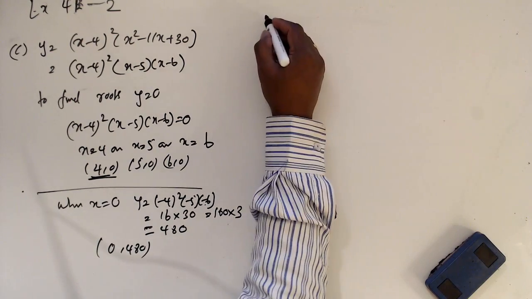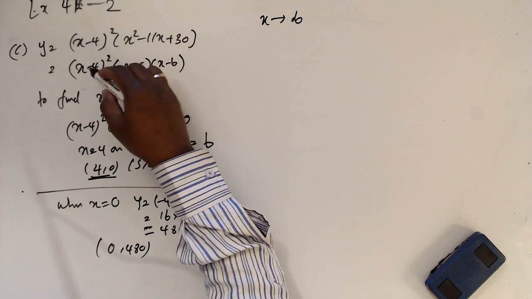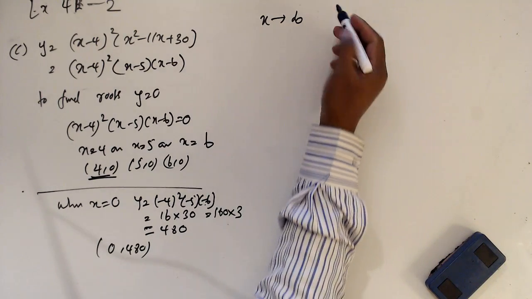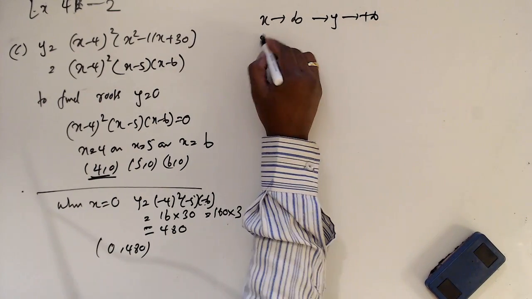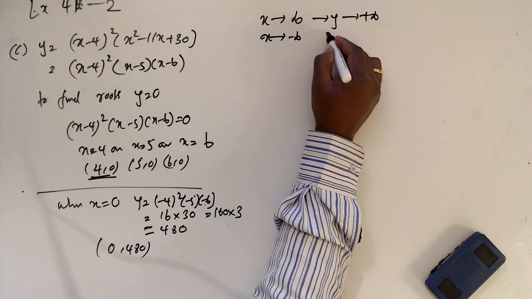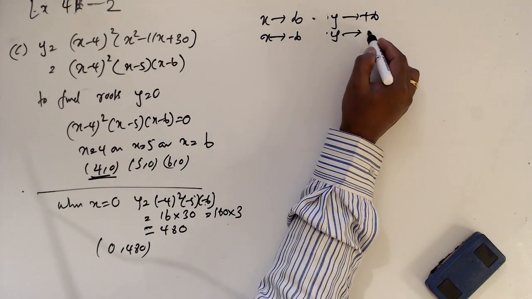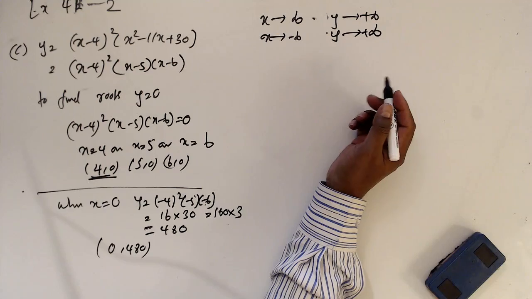And as x goes to positive infinity, because the coefficient of the x to the 4 term is positive, y also goes to positive infinity. As x goes to negative infinity, y also goes to positive.